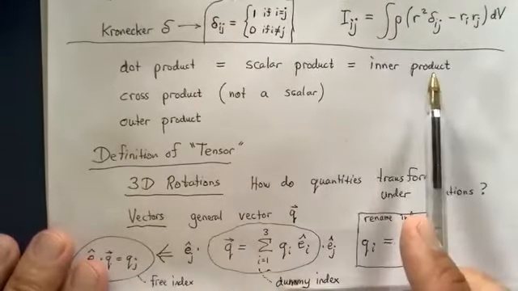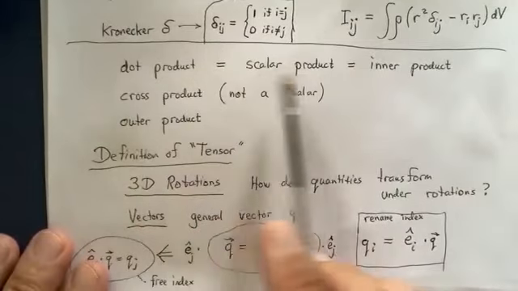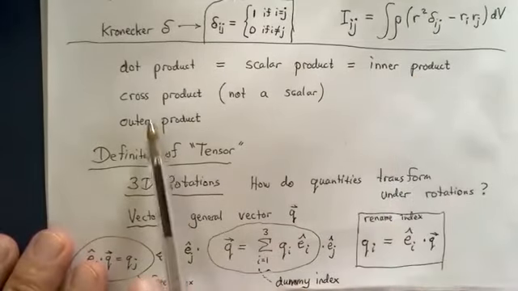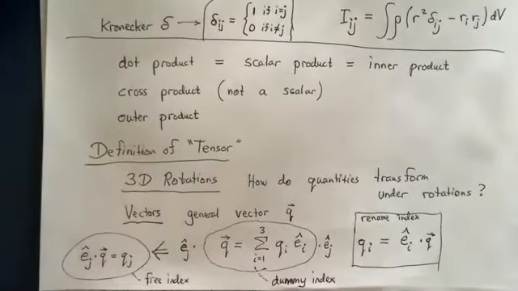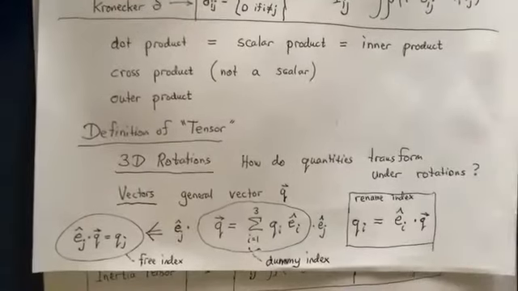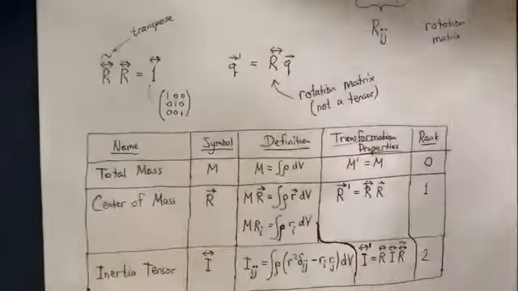Different ways of saying the same thing. Okay, let's appreciate this, and let's appreciate the outer product. It turns out the outer product is useful to us as a means of producing a rank 2 tensor, and precisely it is one of the 2 ingredients in the inertia tensor, the outer product. Okay, so let's see how this comes about here.